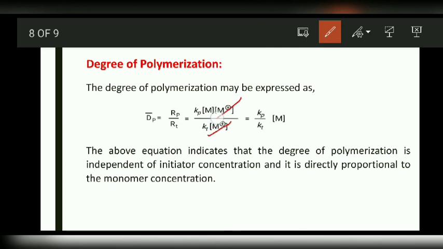These M plus and M plus get cancelled, and we will end up with Kp by Kt into molar concentration of monomer. So, this equation indicates that the degree of polymerization is independent of initiator concentration, and it is directly proportional to the monomer concentration, right?